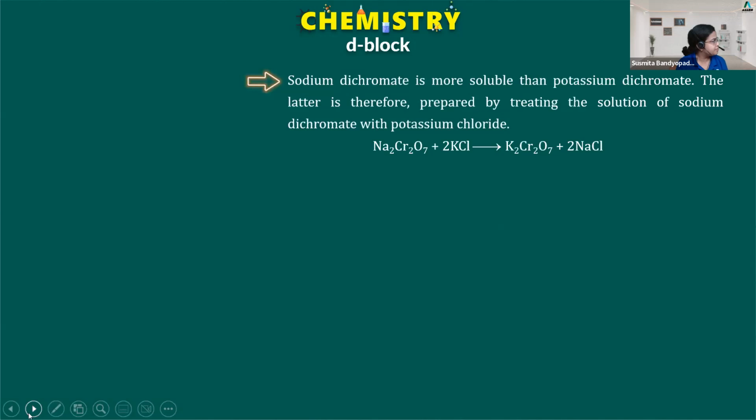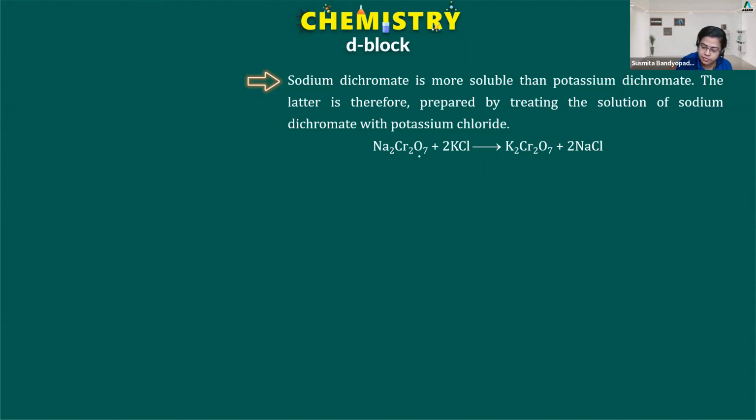Everyone? So now you have got dichromate. Sodium dichromate is much more soluble than potassium dichromate. So when you have sodium dichromate, add KCl to it, and you get orange colored crystals. This is an orange solution because sodium salts are soluble in water.